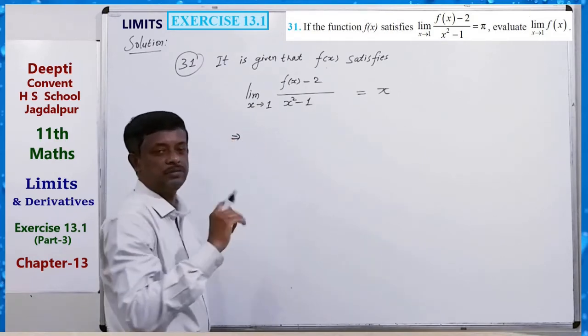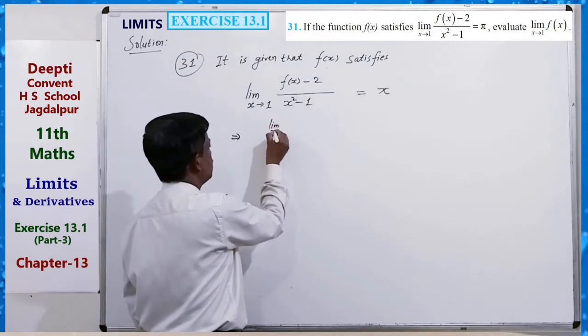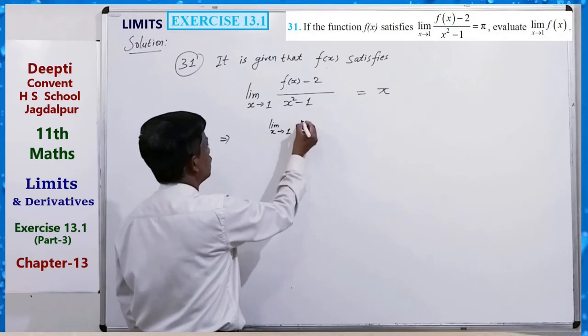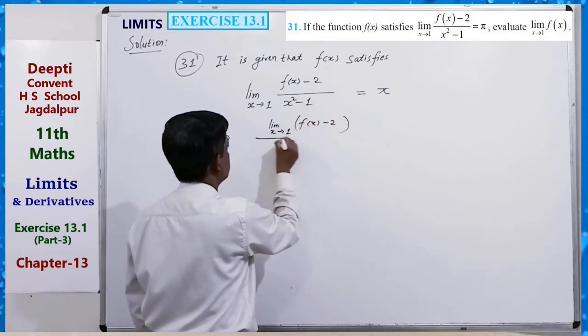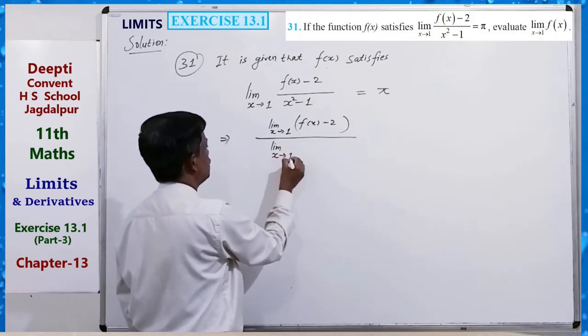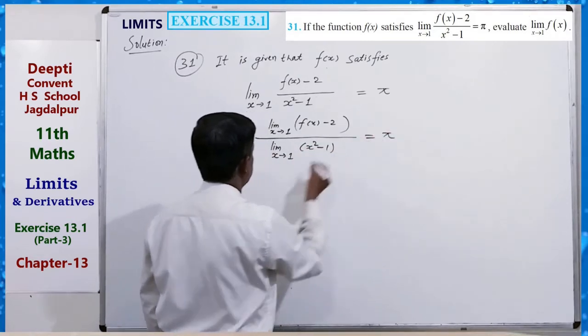We know limit distributes over numerator and denominator. So just distribute it. Limit x tending to 1 of f(x) minus 2 in the numerator, and limit x tending to 1 of x square minus 1 equals pi.